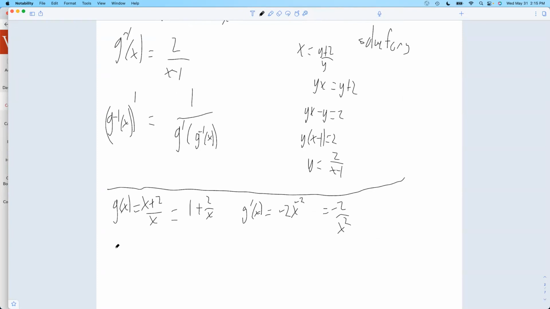So this theorem says the inverse's derivative is 1 over the derivative of G evaluated at the inverse.